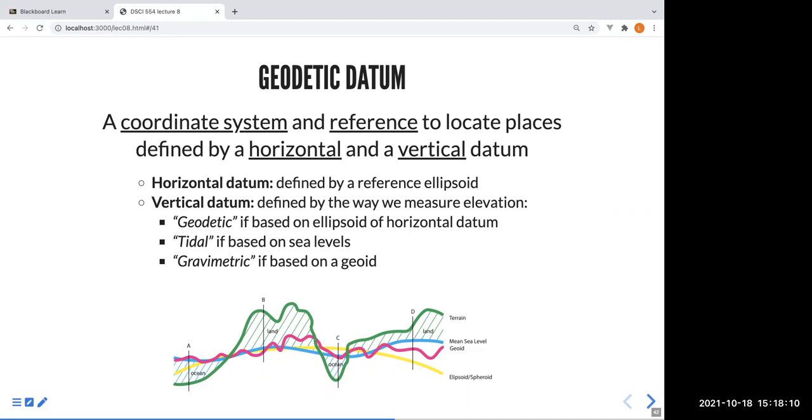In that case, the altitude is based on the surface of the ellipsoid, and it's called geodetic. You can base it on the average sea level, and it's going to be called tidal, or gravimetric, meaning that it is based on the gravity field on Earth.